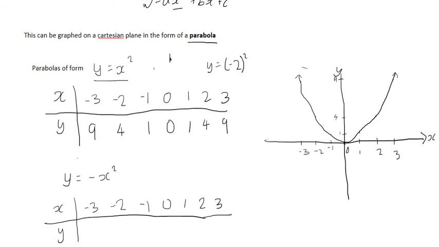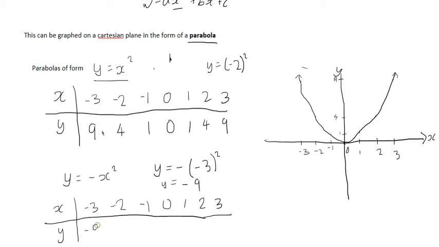Let's have a look at y = -x². When x is equal to -3, y would be equal to the negative of (-3)², because that negative is there, so that changes it. So y would be equal to -9, because (-3)² is +9, but you've got that negative out the front.